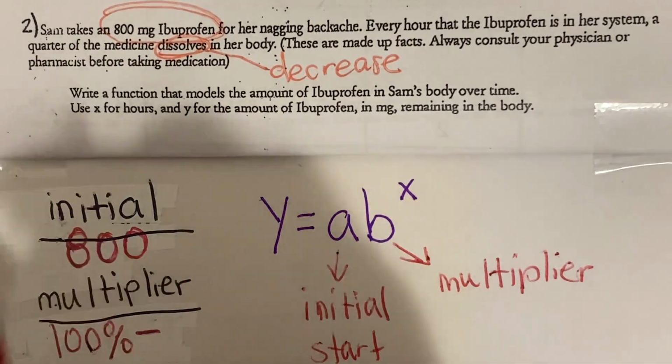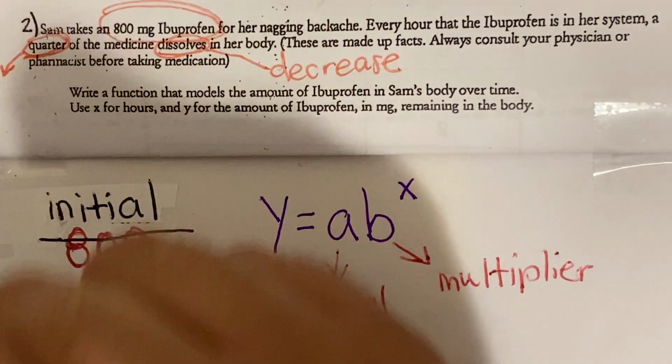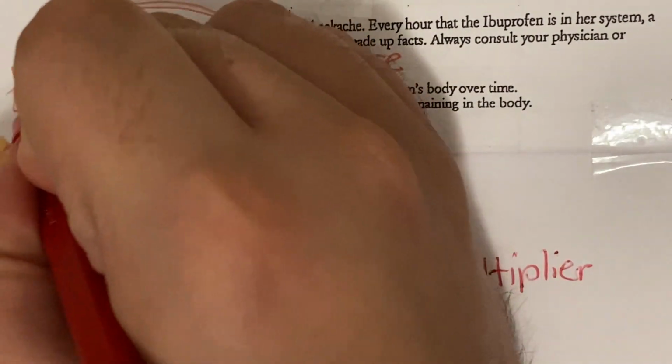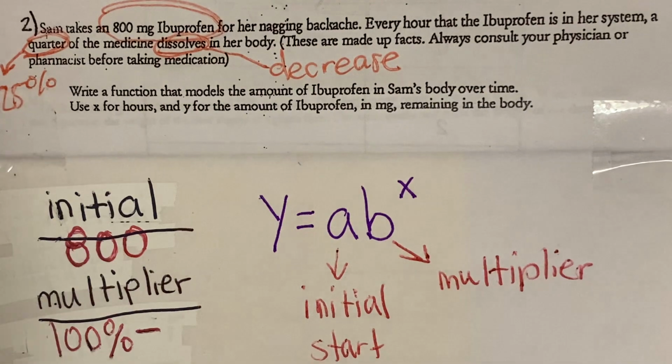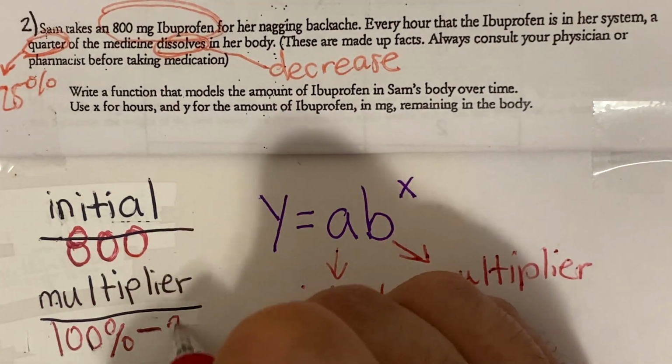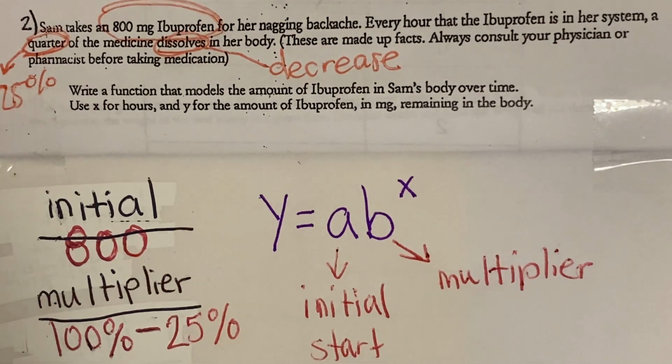A quarter means 25, right? If we think of a quarter, like an actual quarter, like the money, it's going to be 25%. So then we are going to subtract 25% from 100%.